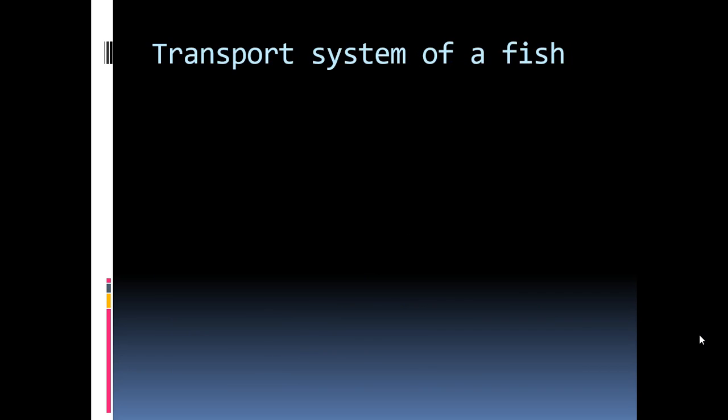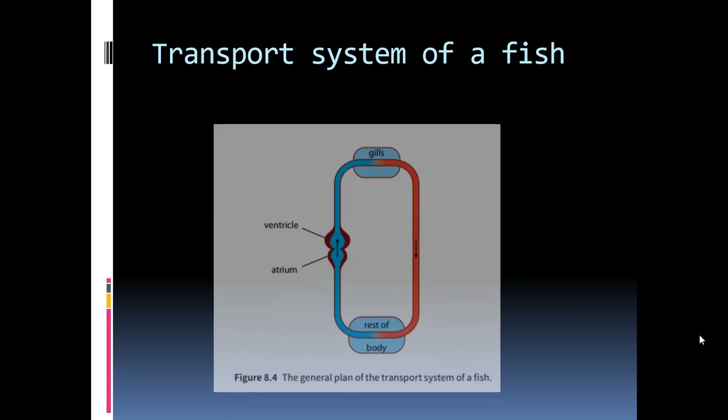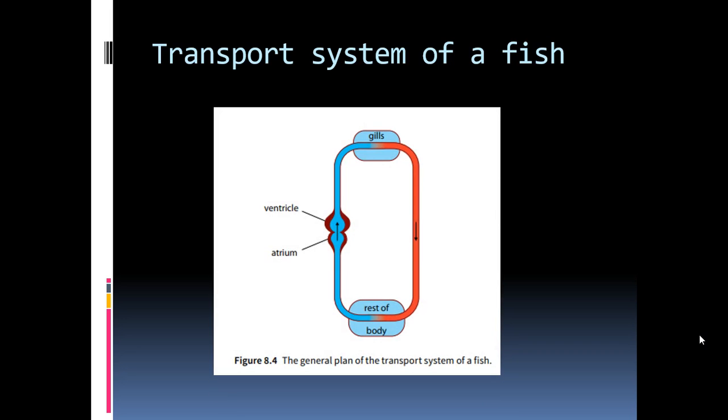Just as a comparison, this is how the blood circulatory system in fish looks like. And this is known as the closed single circulatory system. Closed is because the blood is always contained in the blood vessels, just like the mammalian. Single is because in one complete blood circulation, blood only moves to the heart once, right?